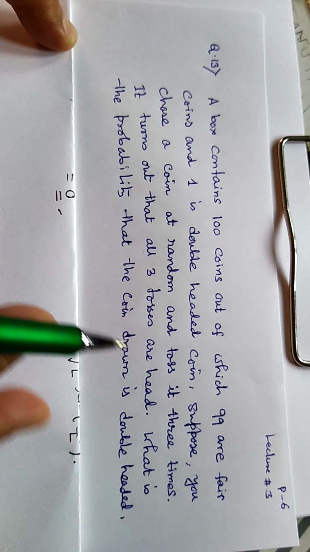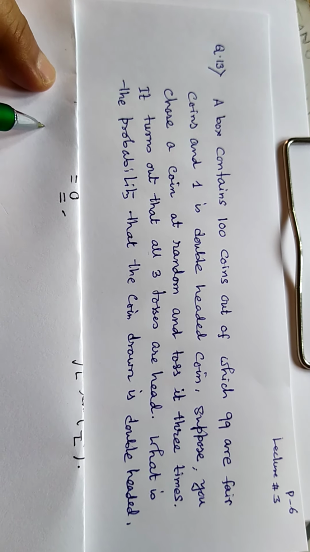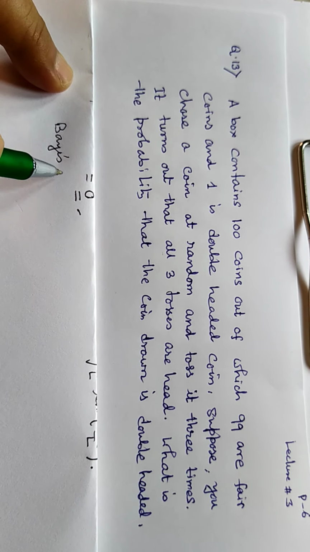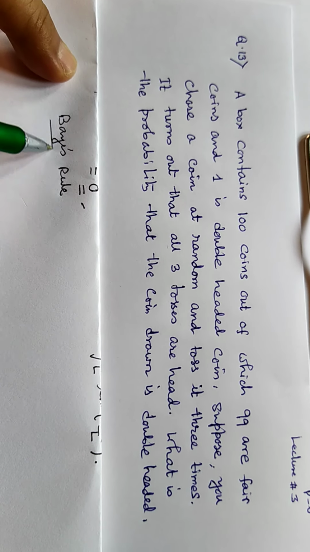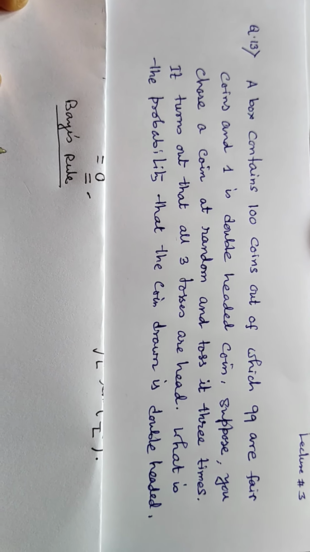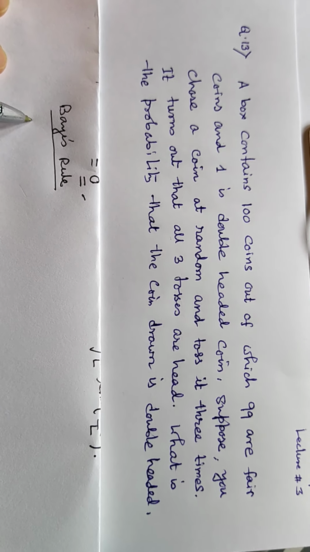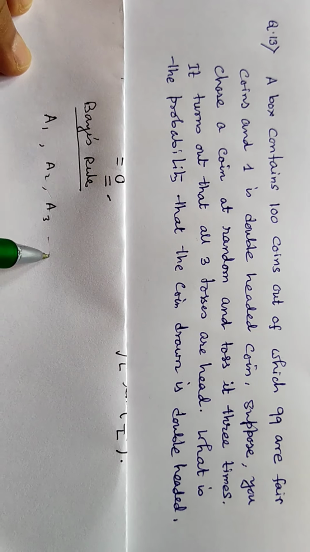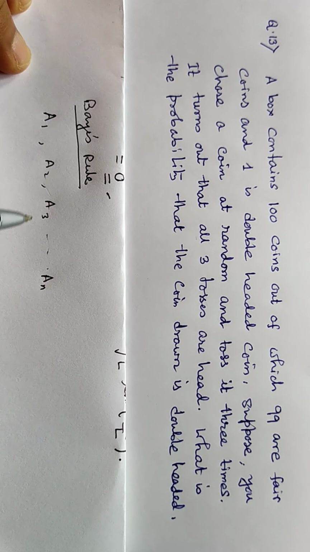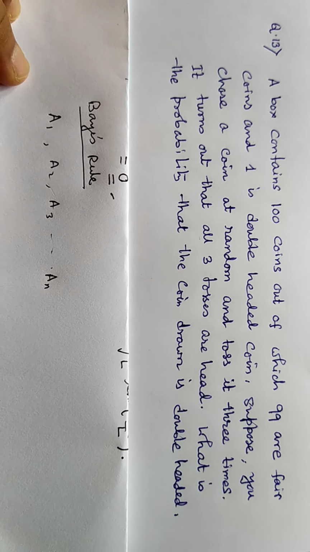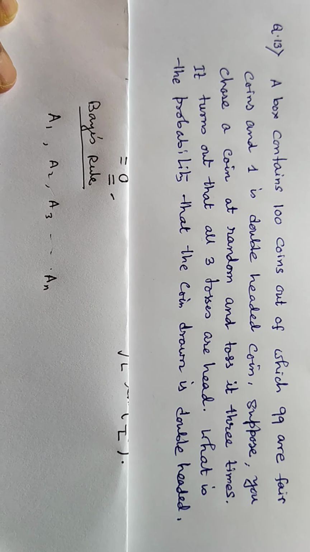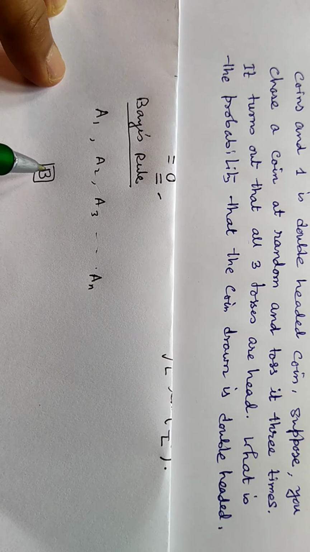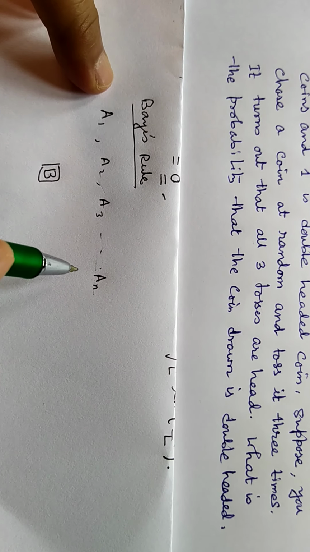Now you see, before discussing this problem, let me discuss a bit about Bayes' rule. It tells you that suppose there are events, say A1, A2, A3 and so on, n events, and the probability of occurrence of an event B depends on all these events.